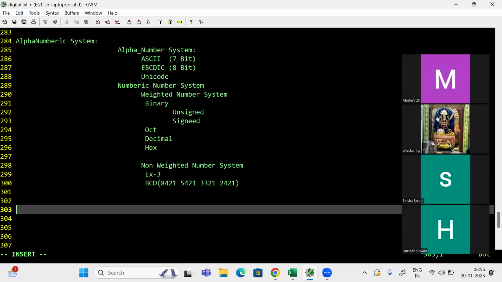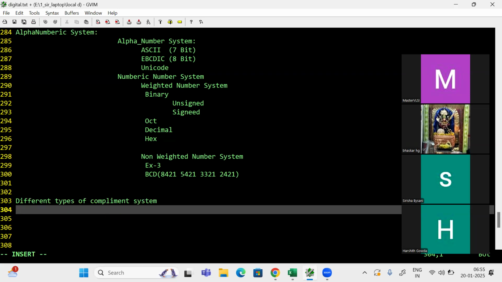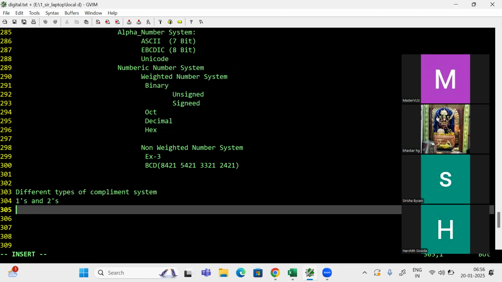If no doubt, we'll move to the next topic called ones and twos complement. Okay, so different types of complement systems. Normally we have ones and twos complement, eights, nines, and tens complement.